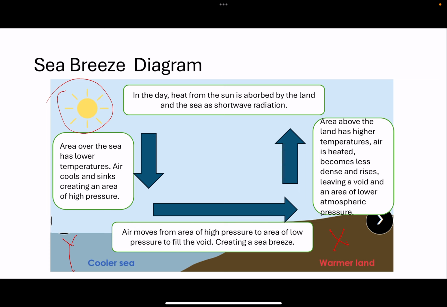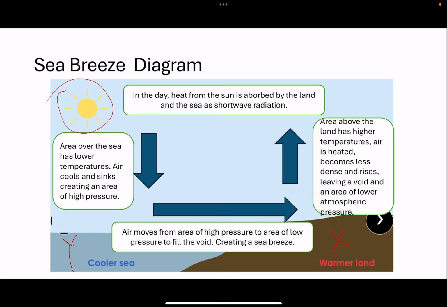Because of the different type of surface present, it affects the air pressure right above it. And it is not the surface that causes the wind, it's the air pressure movement above these two different surfaces that creates the opportunity for a wind to form.